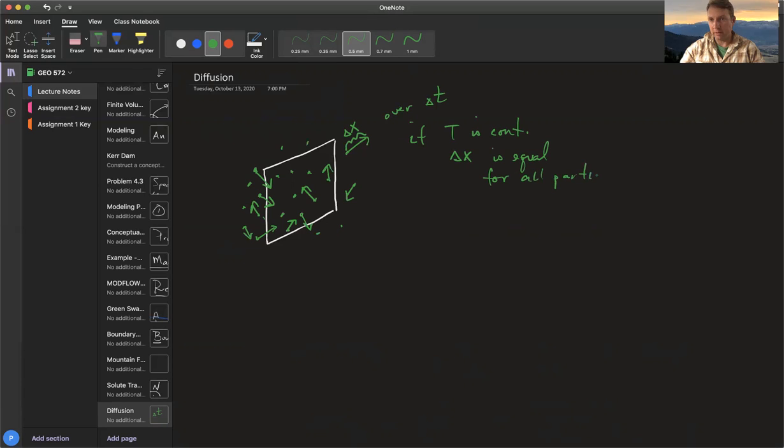They have the same mass, and these are all the same stuff. So they all have the same mass for all particles for a given delta t. All right, so we got all these things moving around randomly.